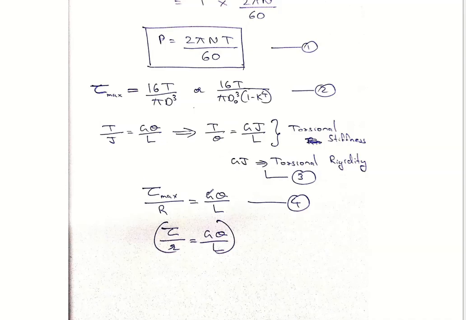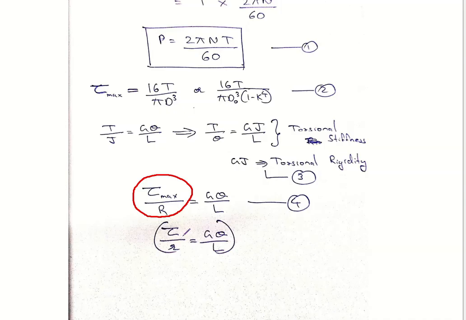So this is the third combination, tau max by R is equal to G theta by L. And when we are dealing with this equation, we must note that tau max happens at R, but it can also be written as tau by r. That is, at any radial distance small r, a shear stress tau will be developed. It will not be tau max. Tau max will be developed only at the outer radius of the cylinder or shaft.